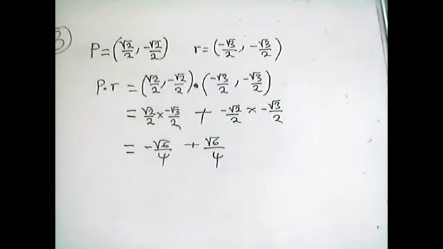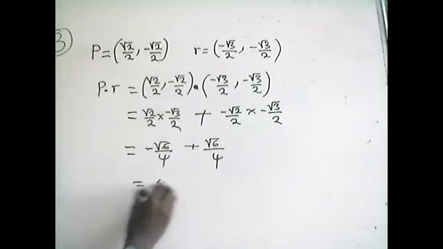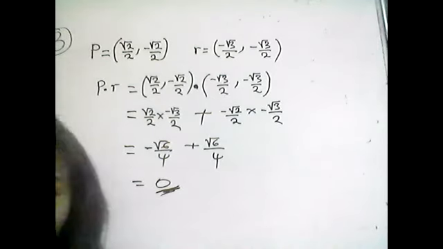So here we have negative root 6 over 4 plus root 6 over 4. So the answer here is 0. Therefore, vector P and R are perpendicular.